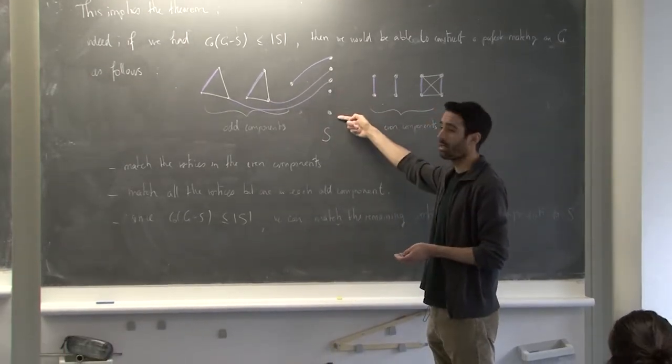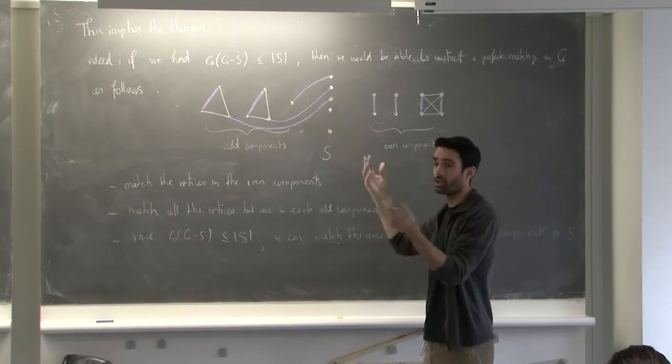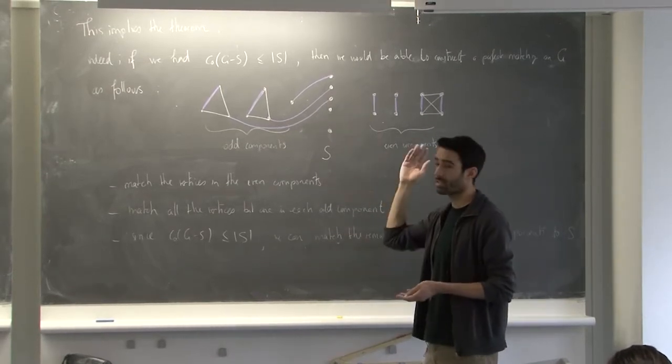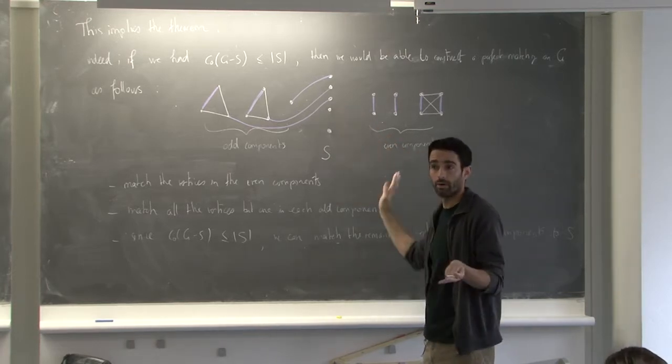And finally, we might have some vertices left here, but we know that S is linked to everyone, so they're all linked together, and the number of vertices is even, so we can match the remaining ones together, and we're done.